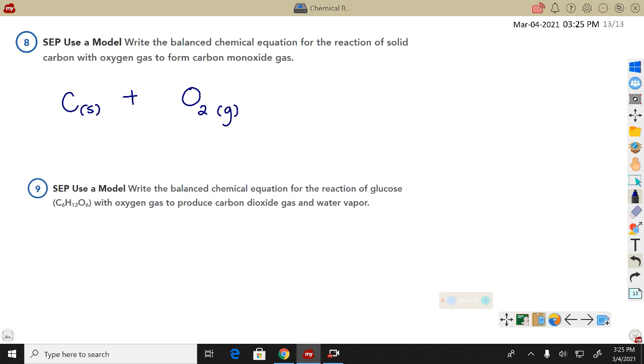Remember, the diatomic elements are hydrogen, in the upper left, and then over on the right-hand side, nitrogen, oxygen, fluorine, chlorine, bromine.